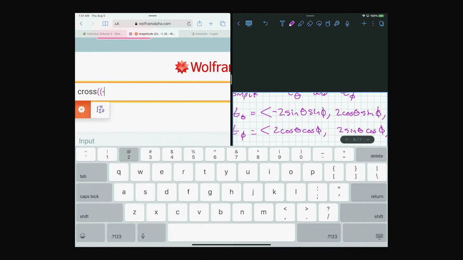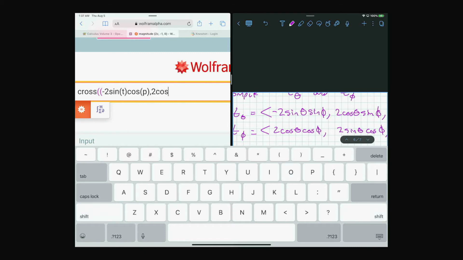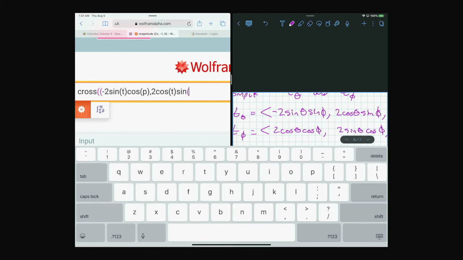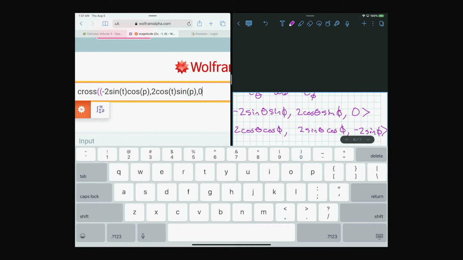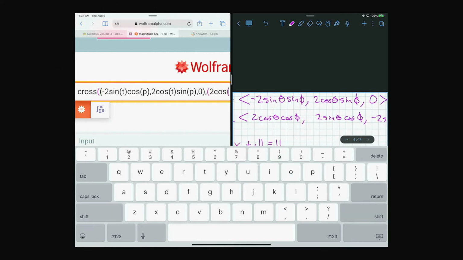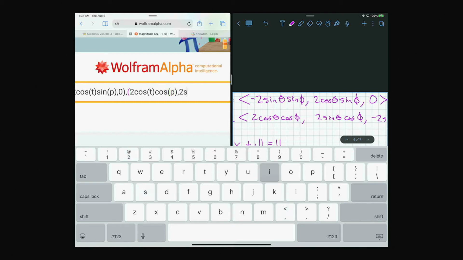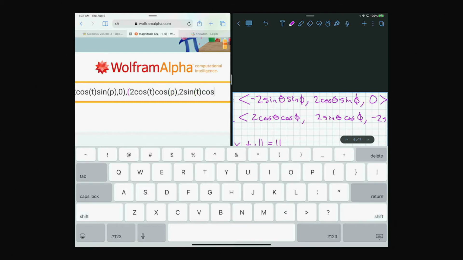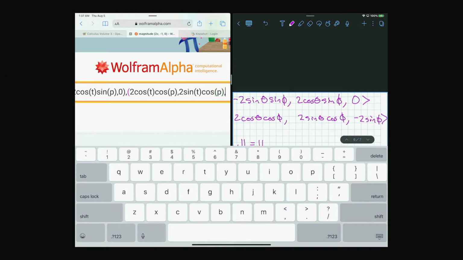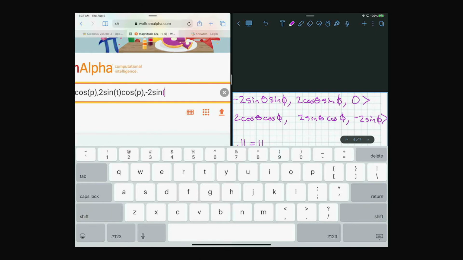I'm going to use T for theta and P for phi. So negative 2 sine T sine P, comma 2 cosine T sine P, 0, close, comma, open up another one, 2 cosine T cosine P, comma, 2 sine T cosine P, comma, negative 2 sine P.